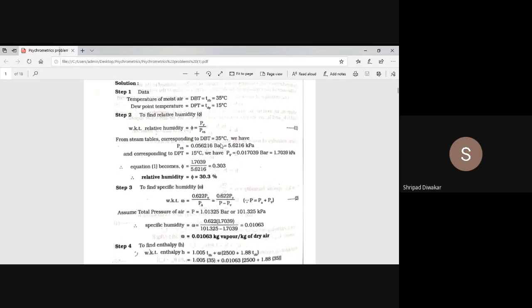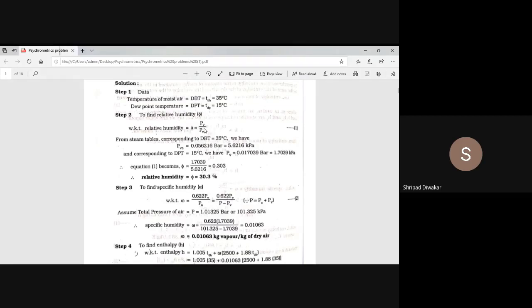How to find PV? PVS, as I said, you have to take as the pressure corresponding to your dry bulb temperature, the same as in the previous problem.